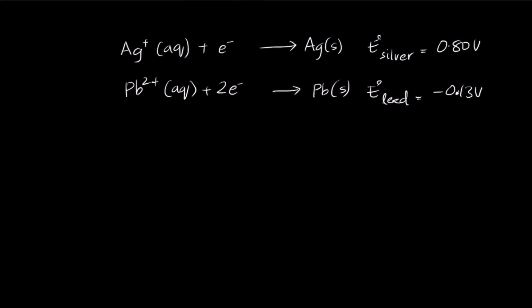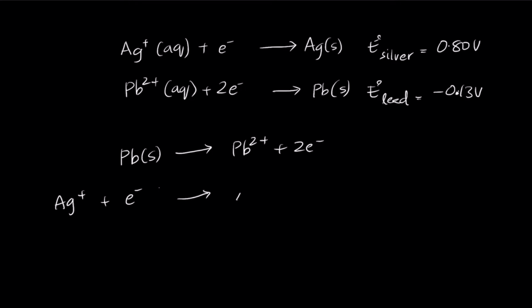So how do you calculate the reaction? First, note down which one has the lower electrode potential. The second one here, so flip the reaction. That becomes Pb becomes Pb2+ plus 2 electrons, and Ag+ plus an electron gives you Ag.